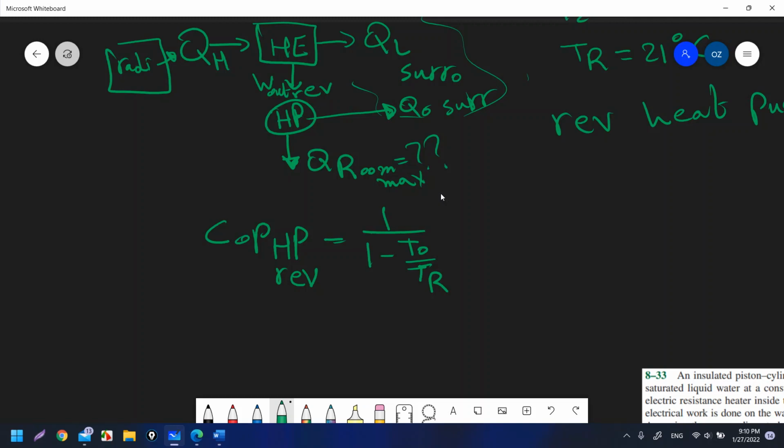Also, the coefficient of performance of the reversible heat pump is Q room max over the work from the heat engine. It is the work in for the heat pump.